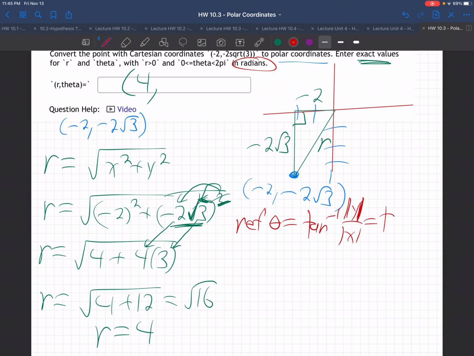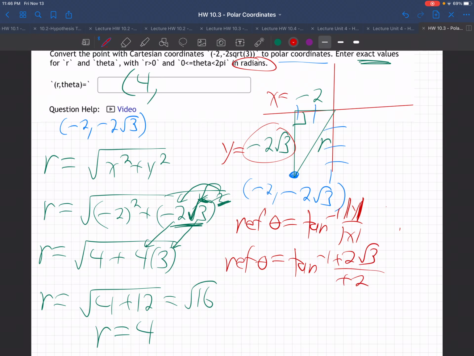So the reference angle is tangent inverse, this is y, this is x. It's the absolute value of both of them, so it's going to be positive 2 root 3 over positive 2 because of the absolute value signs. Make both of those positive, right? The y over the x.